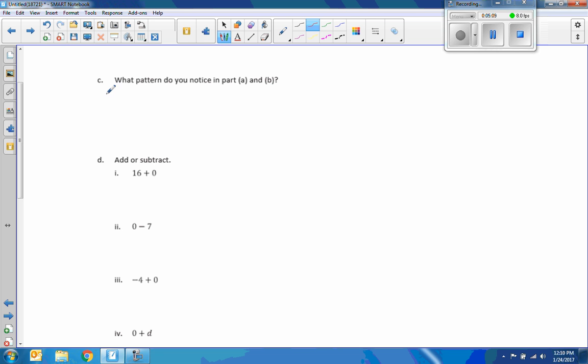Okay, so what we would say here is, clean that up, the sum of a number and its additive inverse is equal to 0.